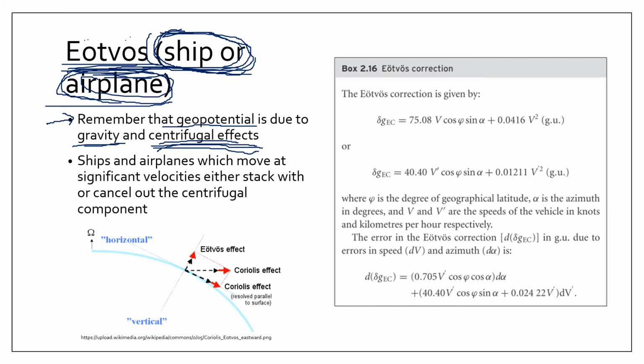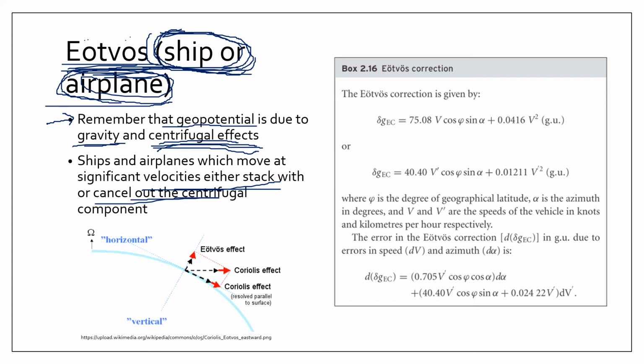Okay, so it can either stack with the gravity that they are reading, or it can also cancel out. So it depends on the direction and the magnitude of the velocity, which is the speed of your vehicle.